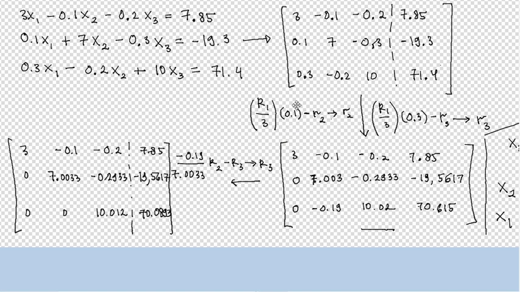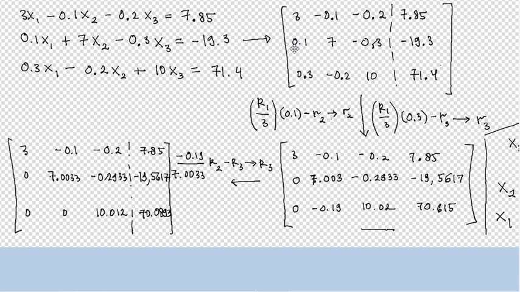The first operation is I change the first row, first column coefficient to become 1. So I divide by 3, so it becomes 1, and then I multiply with the coefficient of the second row, 0.1, and I subtract with this coefficient.